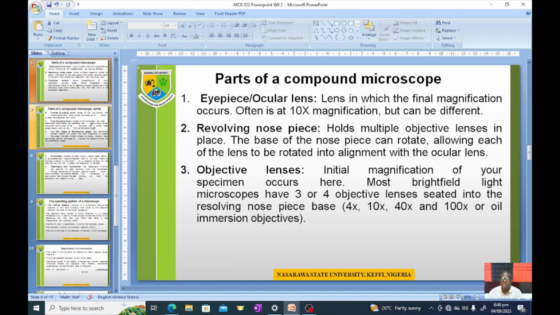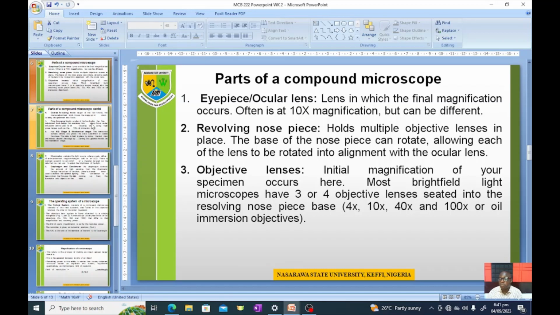Number 3 is the objective lenses. Initial magnification of your specimen, as said earlier, occurs using the objective lens. After the light from under, or reflected from any source, hits the specimen or object, upon transmission it is viewed by the objective lenses, and this is where the initial magnification of the object occurs.